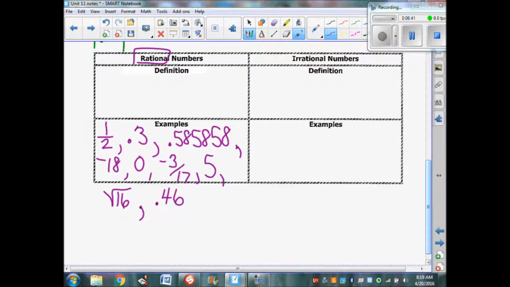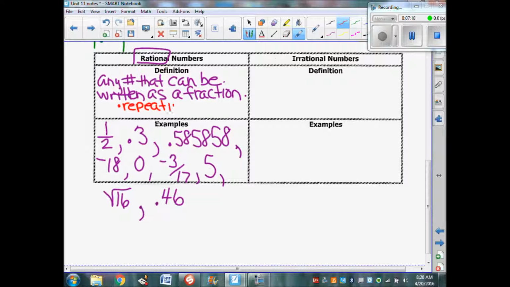So what could be my definition for a rational number? It's any number that can be written as a fraction. And there's a couple things that we can add to that.